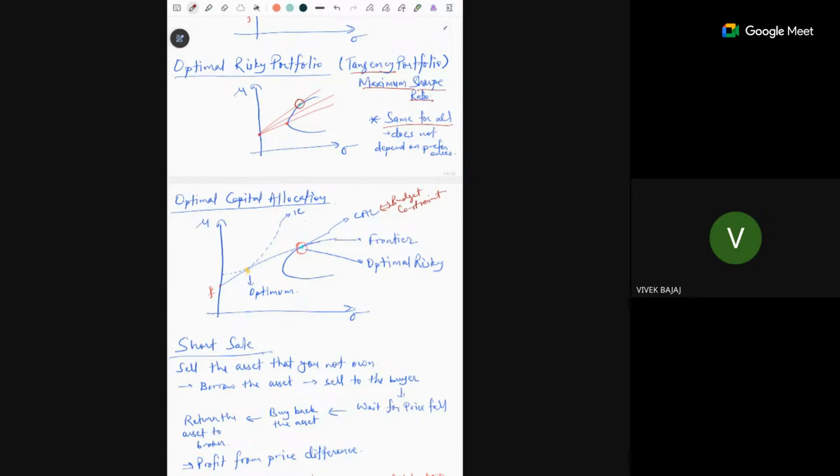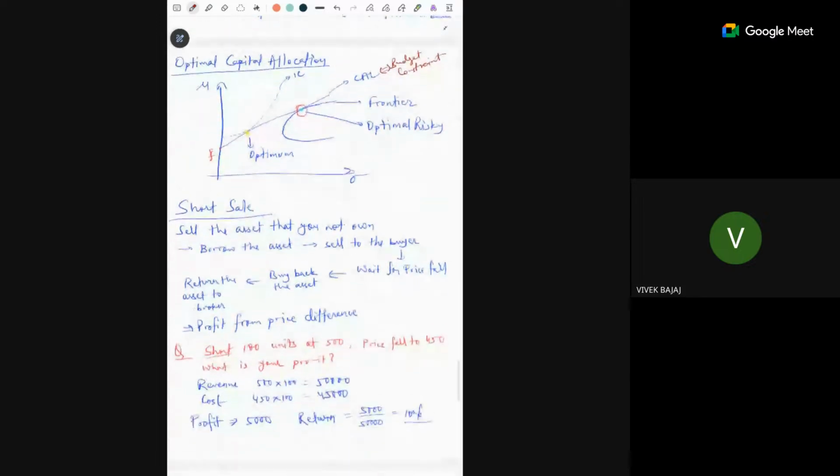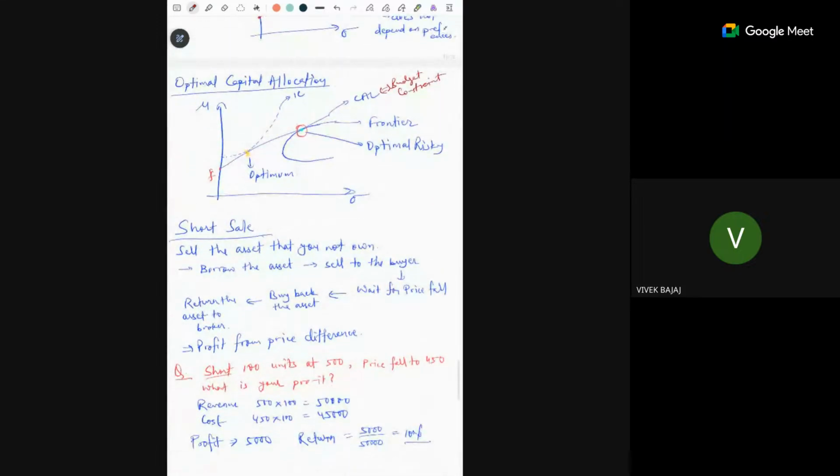Then we find the optimal risky portfolio, which is the one that has the maximum Sharpe ratio. And once we have this optimal risky portfolio, then by combining the preferences and this capital allocation line, we can find this optimal capital allocation. And we will have a small example of this and how we solve for that.